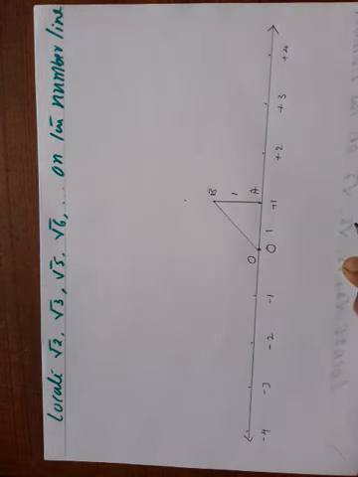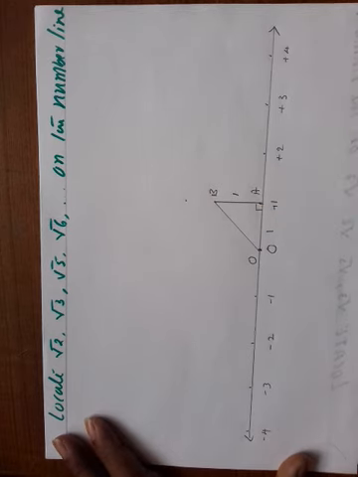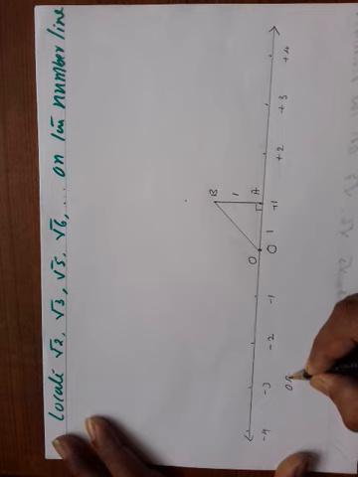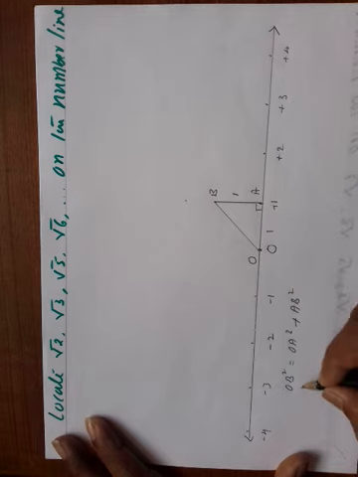Dear students, yesterday we had discussed Pythagoras theorem. It states, in a right angle triangle, square of the hypotenuse is equal to sum of the squares of other two sides. That is, OB square is equal to OA square plus AB square.